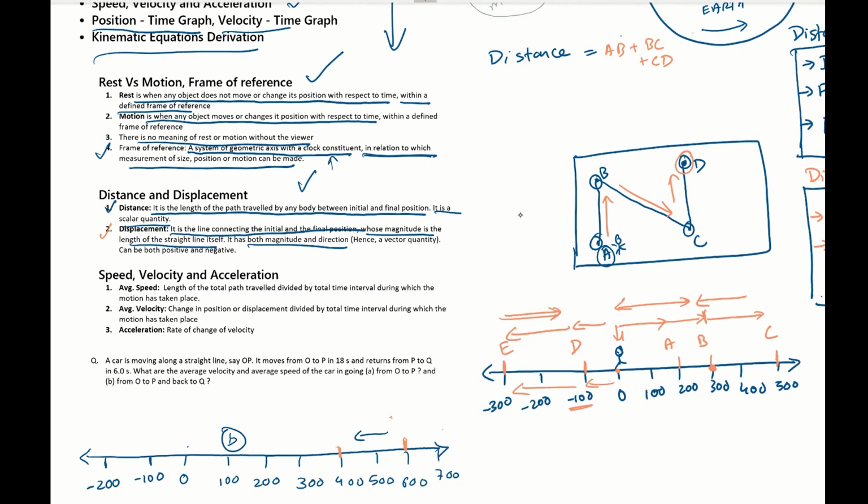The way we calculate displacement is by subtracting the initial position from the final position, and we'll look at some examples to understand that. But let us come back to this case. It is the line connecting the initial position, A, and the final position, D. So the line AD is the displacement.